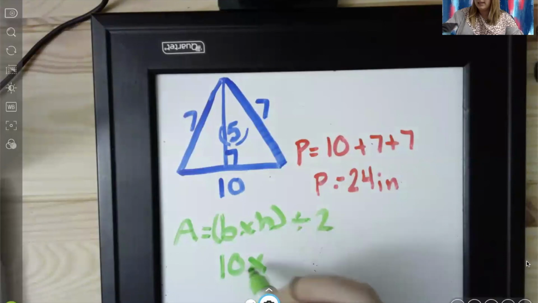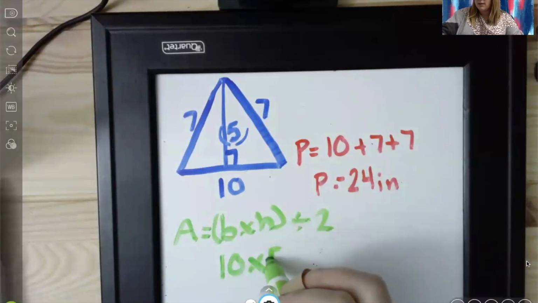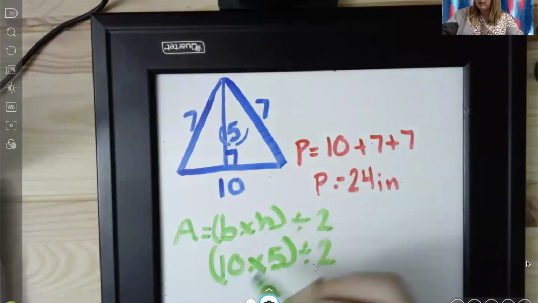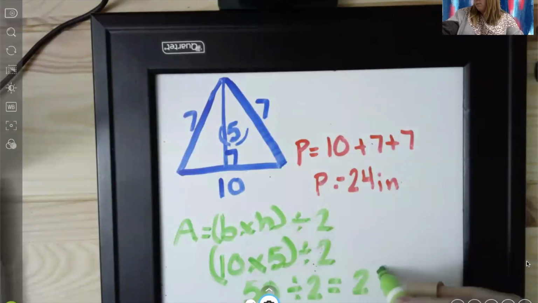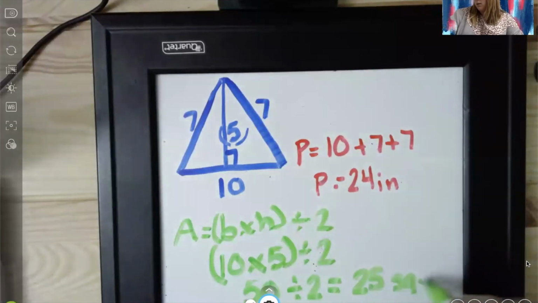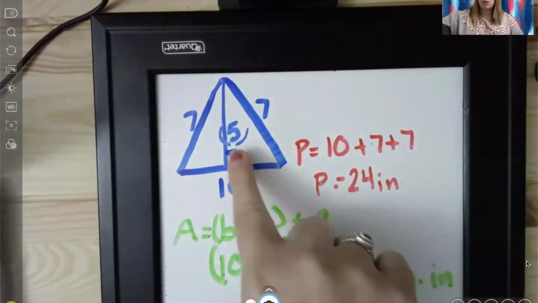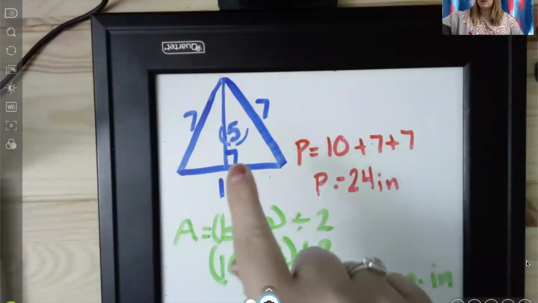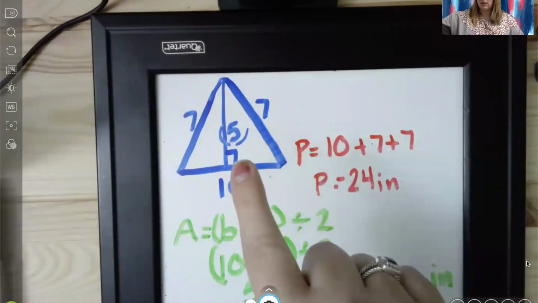So 10 times 5 is 50, divided by 2 will give us 25 square inches, right? So do not let that extra number confuse you. That is being used for the height of the triangle.